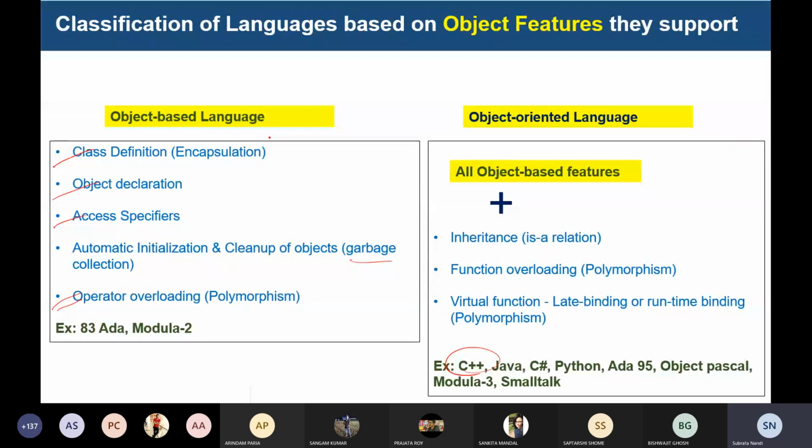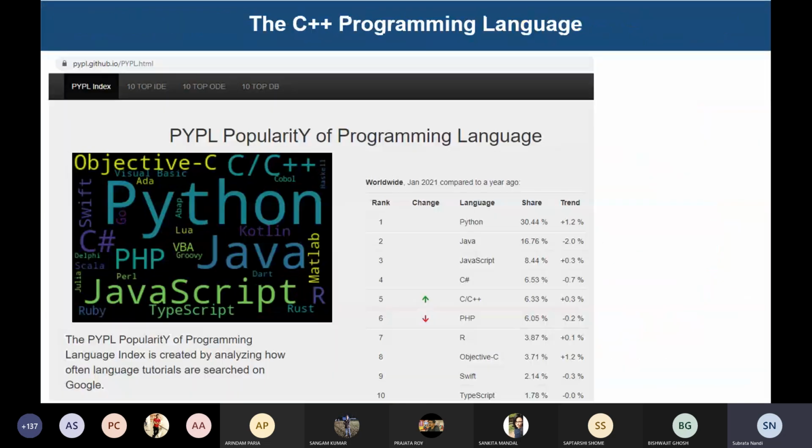Object oriented languages include all these features plus inheritance, function overloading, virtual functions, late binding, and so on. So C++, Java, Python, and C# are all object oriented languages, and in C++ we'll be learning all these in detail: the syntax, the underlying philosophy, what the challenges are, and how the compiler handles it.